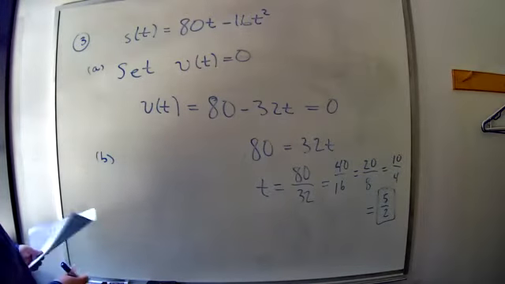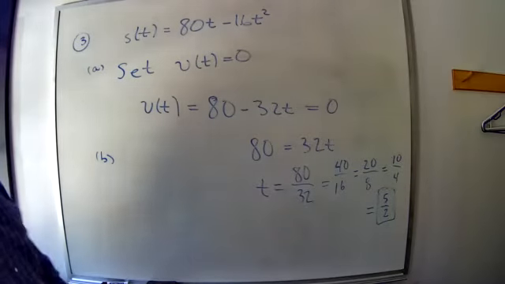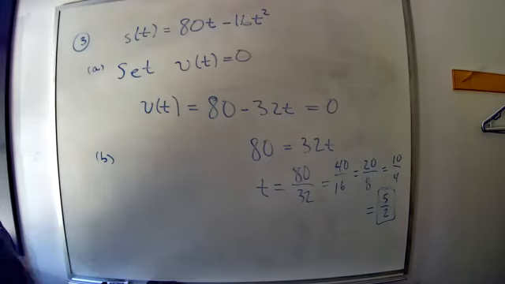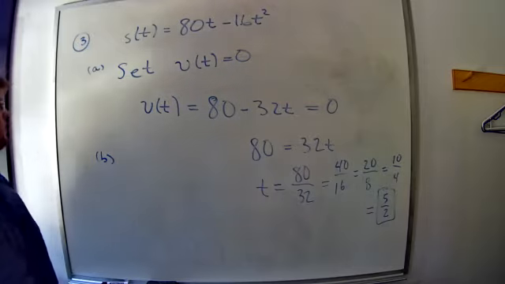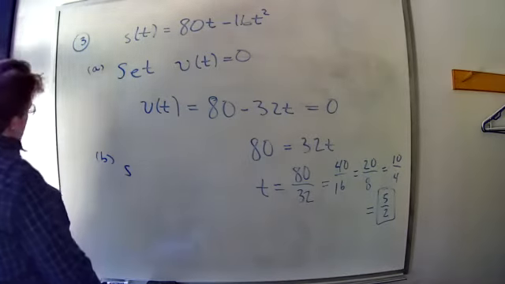Part B. What is the maximum height reached by the ball? Well, we just found the time at which the ball reaches its highest point. So we want the height at the time at which the ball reaches its highest point. What measures the height?